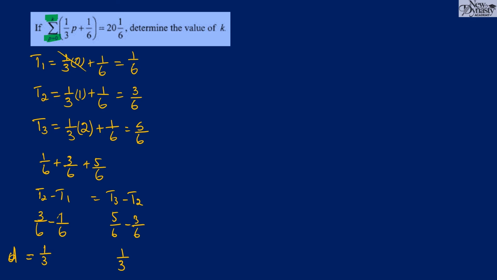So since we are working with the sum here, we are going to write down the sum formula for the arithmetic sequence, which you know very well. Your Sn is equal to n over 2 all into 2a plus n minus 1 multiplied by d.